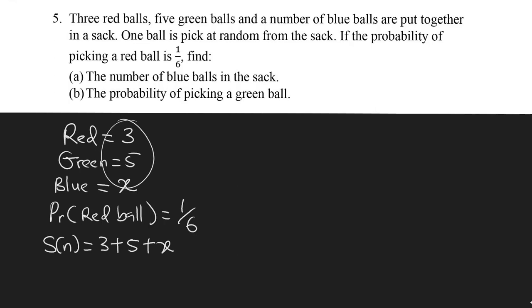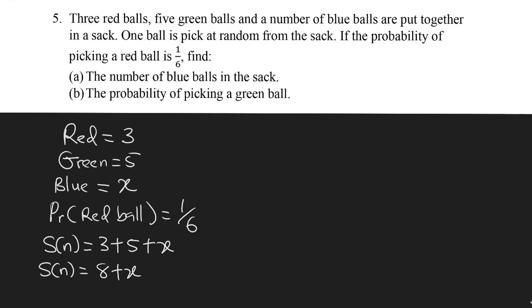Of course x has to be part of it because we don't know it. So our sum of number space will be equal to 3 plus 5 is 8 plus x. In order for us to get the number of blue balls, of course we're going to use the red balls that we're given to our advantage. Why?